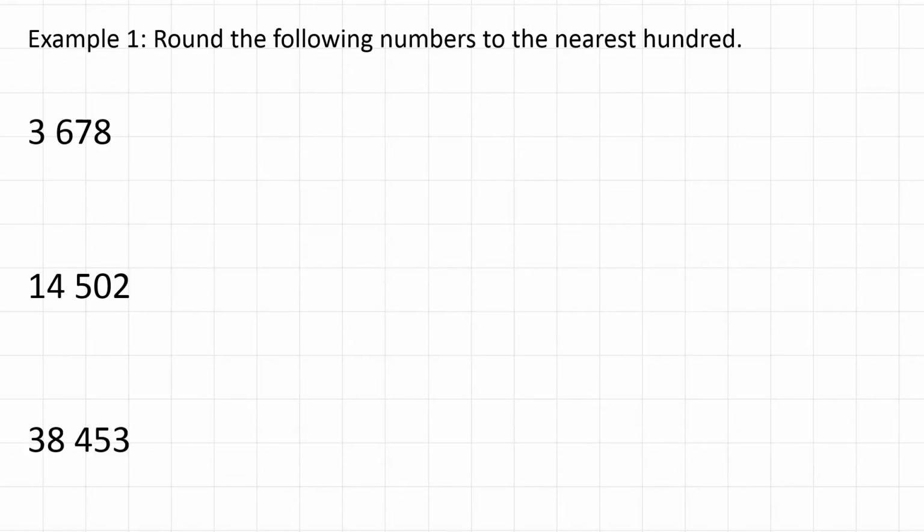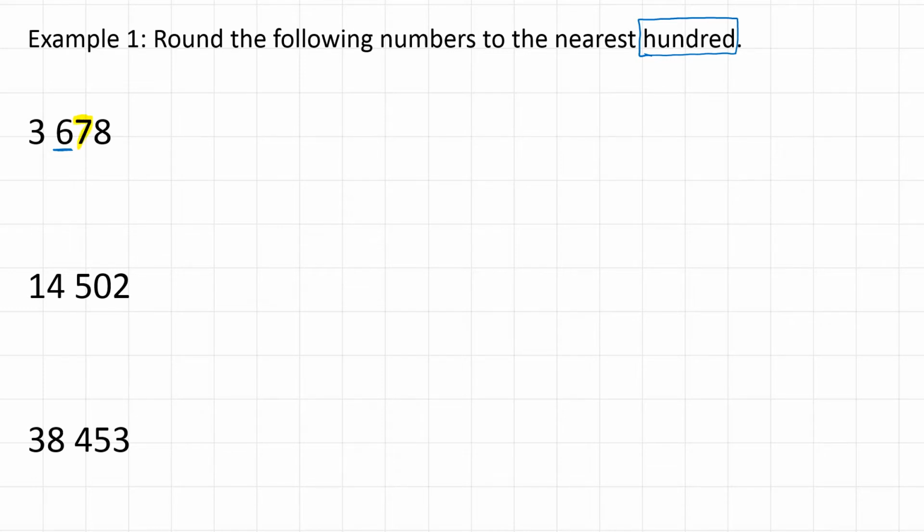For our first example, we are rounding the following numbers to the nearest 100. So let's look at the first one. So we've got 3,678. Well, our first rule tells us we need to underline the place value we're rounding to. So I'm going to underline the 6, which is in the hundreds place. Next, I'm going to look at the digit to the right.